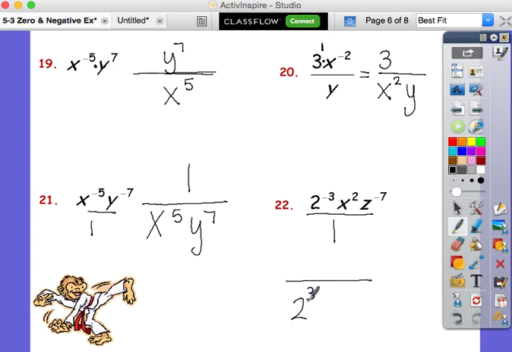The x squared is happy. He's fine. The z to the -7 is not happy, so he comes down here and becomes z to the +7. But I would suggest that you simplify that a little further. Leave the x squared alone. 2 cubed is really what? 8, and then you have z to the 7th power.